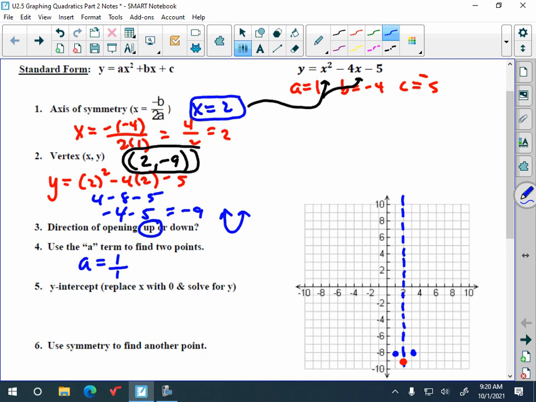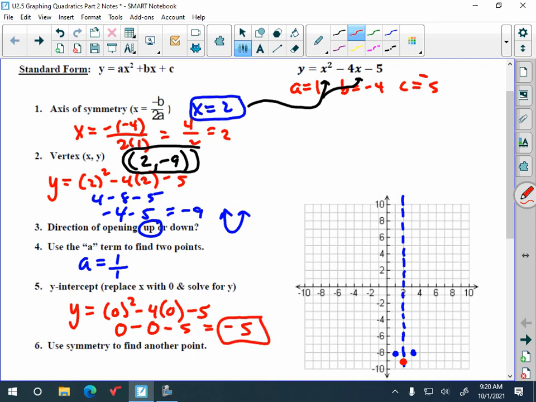Then we're going to find the y-intercept. To find the y-intercept again, just plug 0 in for x and solve for y. One thing that's nice about standard form, the y-intercept is the least amount of work. So I'll show you why. Well, 0 squared is 0. 4 times 0 is 0. Minus 5.